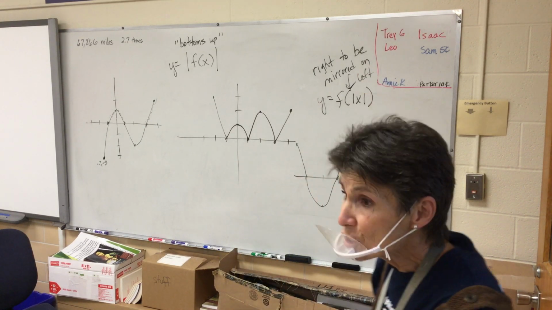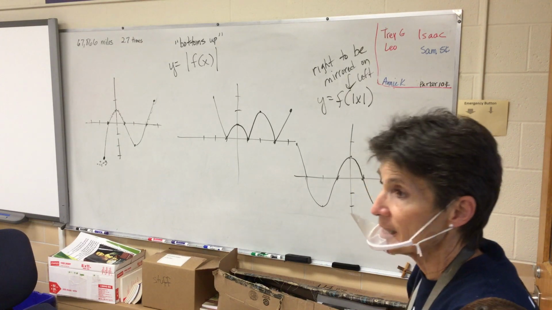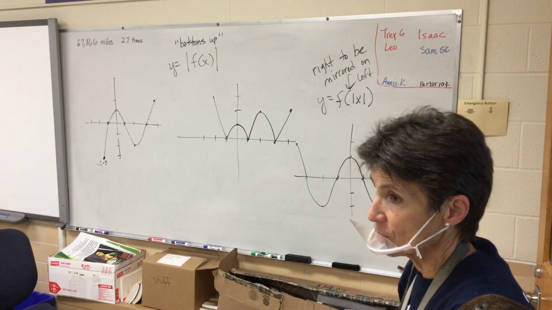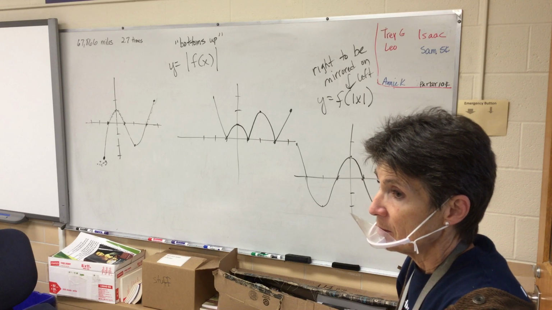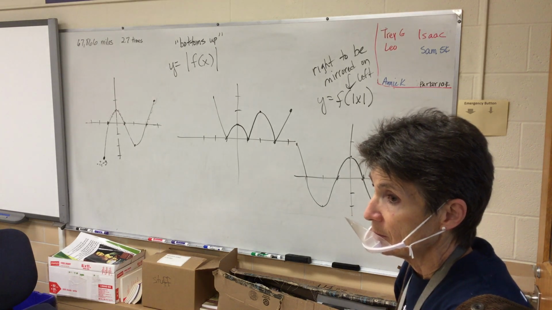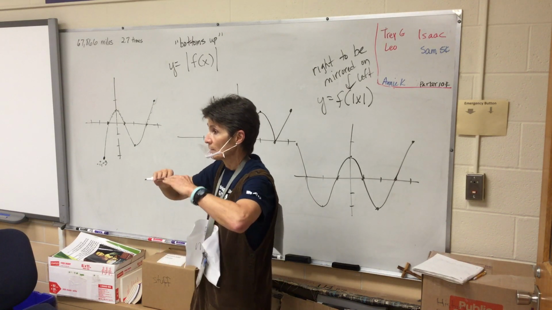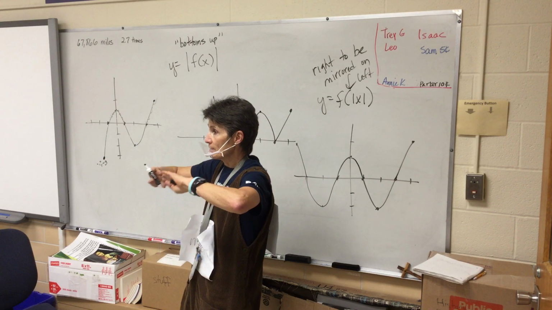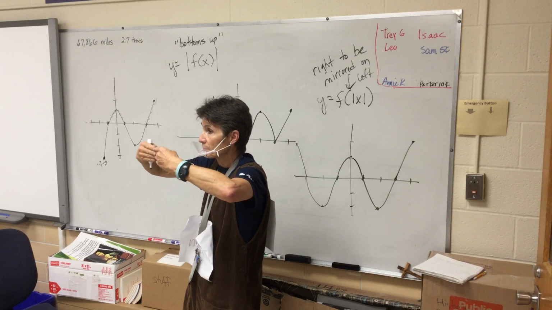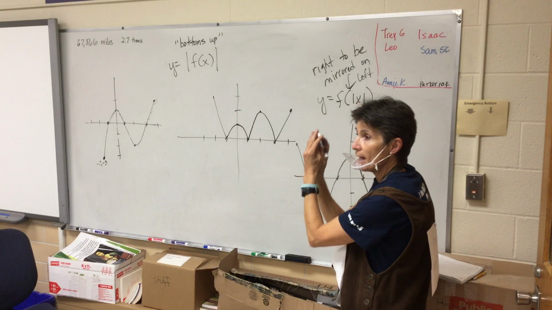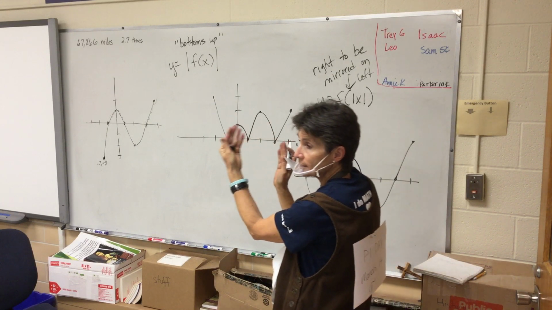What was originally on the left is gone. It has no place in this function. So, absolute value of the whole thing: everything on the bottom gets folded up. Absolute value of just x: everything on the right gets folded left.